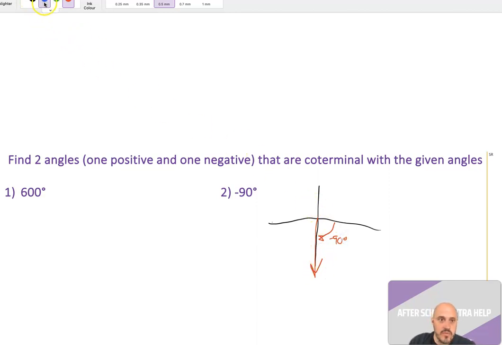Well, if I go visually, I can kind of see this. If I want to go all the way around and get back to here, this is a positive coterminal angle, so I'm going to add negative 90. Oh, actually, I went in the negative direction. This is going to be a negative coterminal angle.